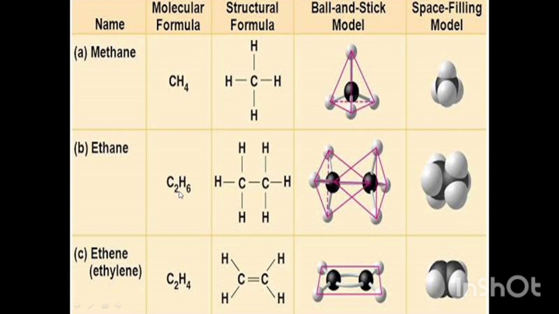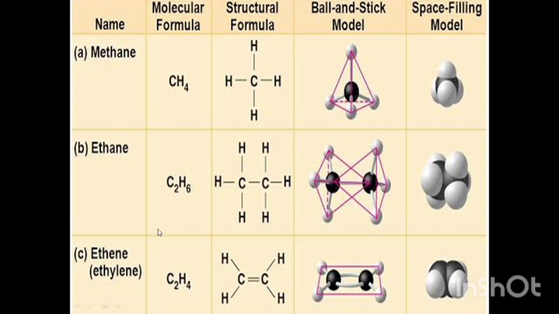Then for letter B, we have ethane. In structural formula, 2 carbons and 6 hydrogen. Here is the carbon, and in the outside part, we have the hydrogen. In space filling, of course, the 2 carbons are at the center, while the outside part is the hydrogen.